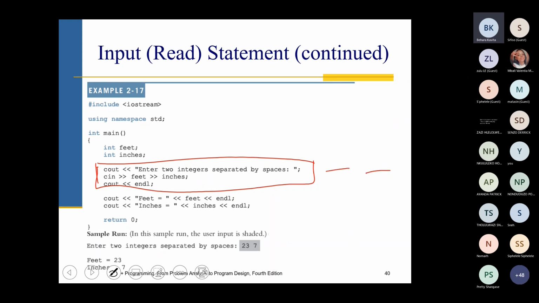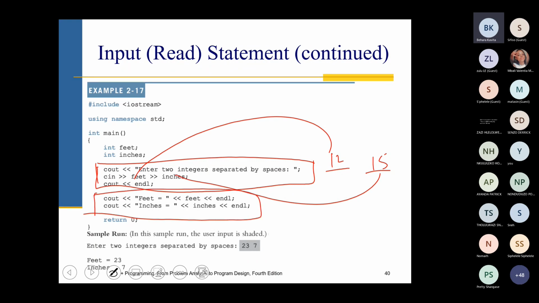If you put 12 and 15, this 12 is going to be stored here and this 15 is going to be stored here, respectively. In this case, they entered 23 and 7 because of the integer data type. So feet is going to be 23 and inches is going to be 7. That is how it is going to store your values. That is called your analysis and evaluation.